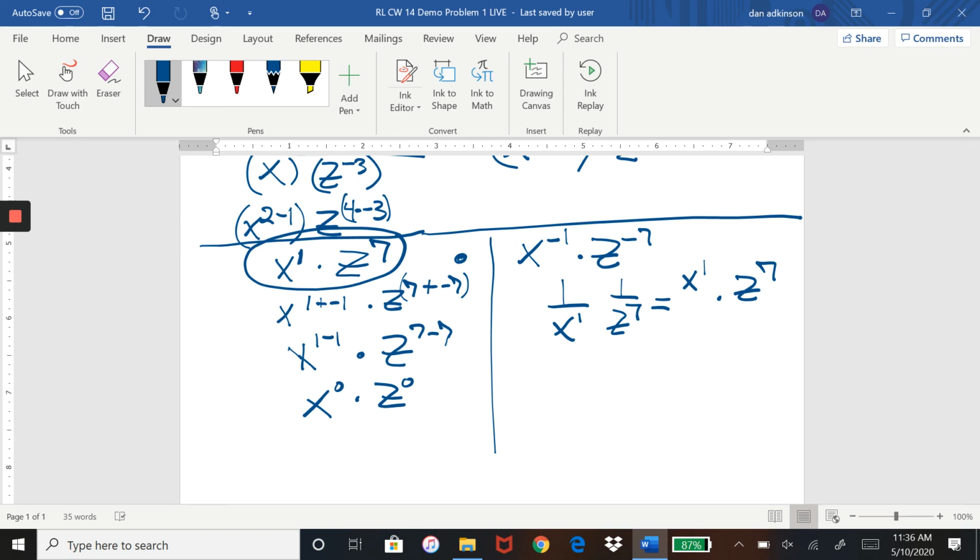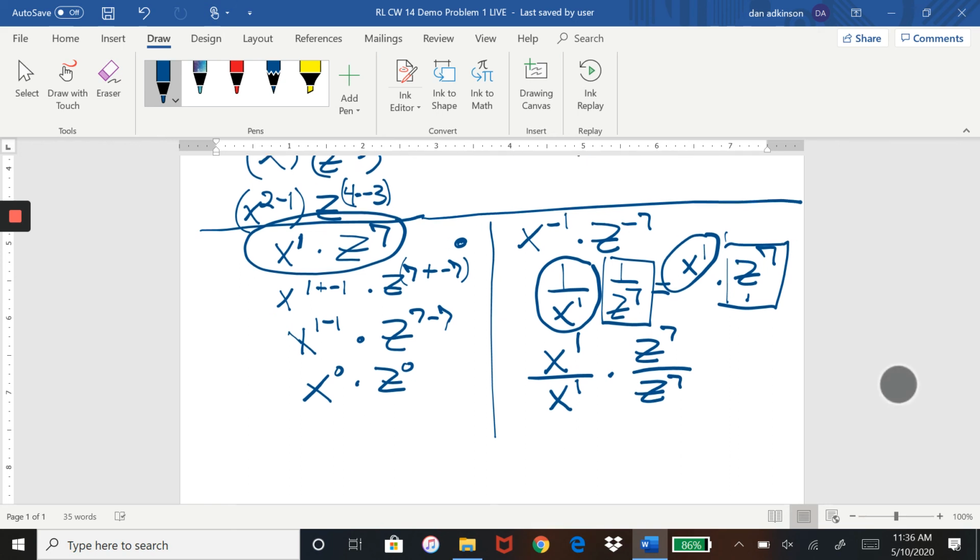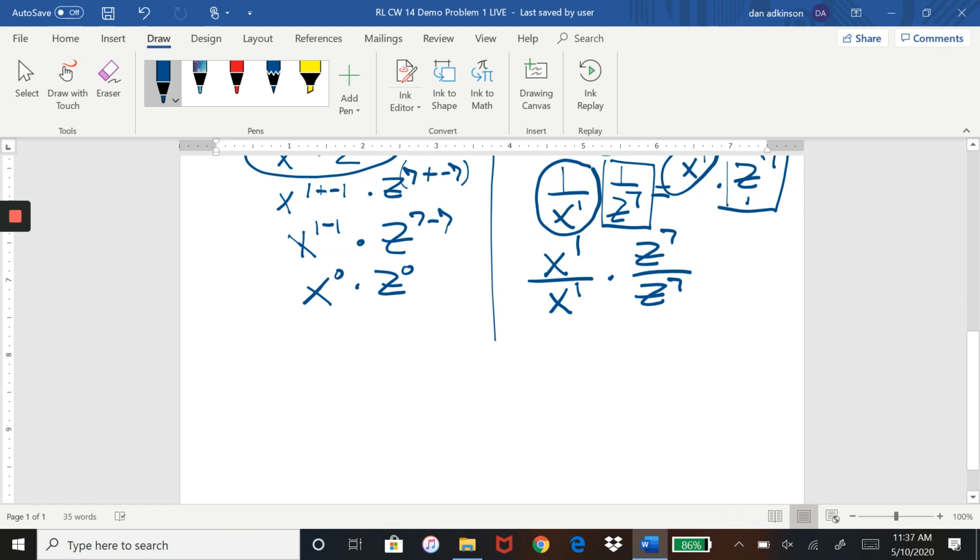All right. Then we'll put these together. Combining like terms, we end up with x to the first power over x to the 1st power, multiplied by z to the 7th over z to the 7th. So anything divided by itself equals 1. This is just 1 times 1, so that's 1.